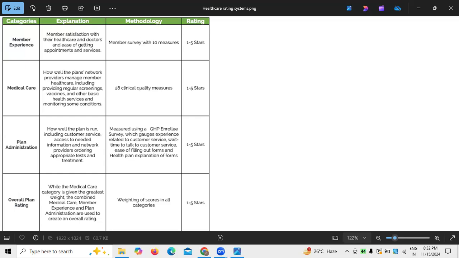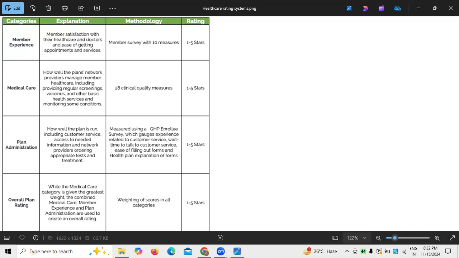Member experience is about member satisfaction with healthcare as well as doctors. If you want to get any kind of appointment, this usually connects with member experience. Whatever the member categories we have, everything comes under this category. As far as rating measurements are concerned, if you want to provide a rating, we need to measure using methodologies.